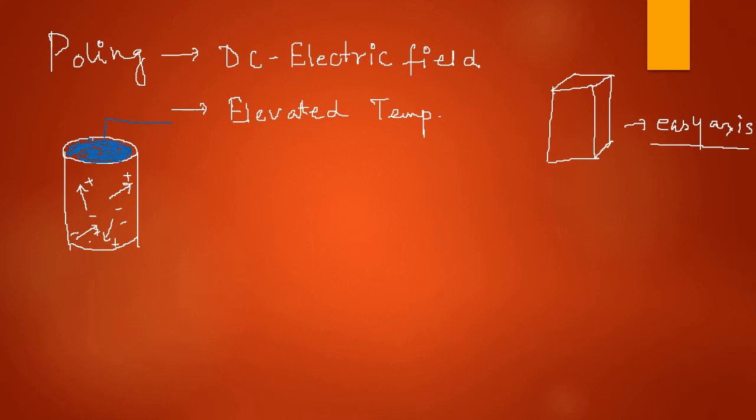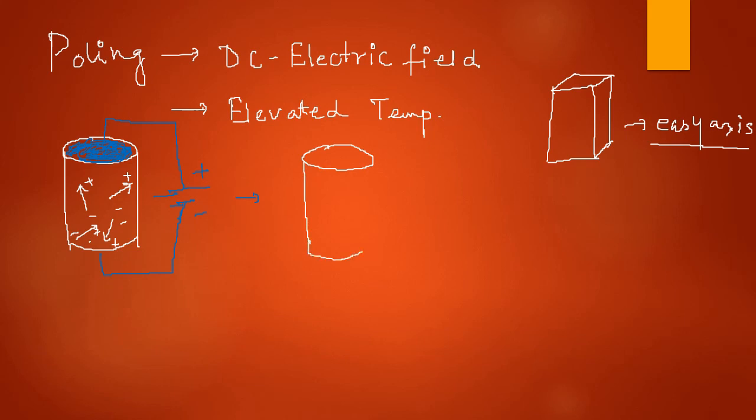So if you just apply an electric field here, but this is a DC electric field. So this is positive, this is negative, so what will happen? Now it will be looking like this.